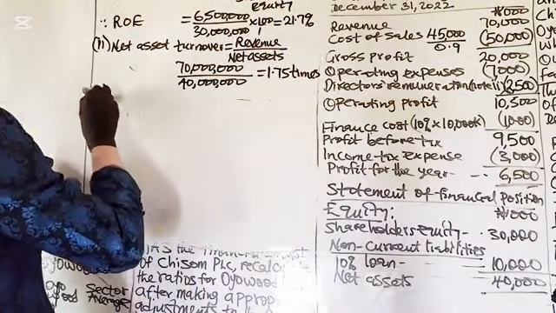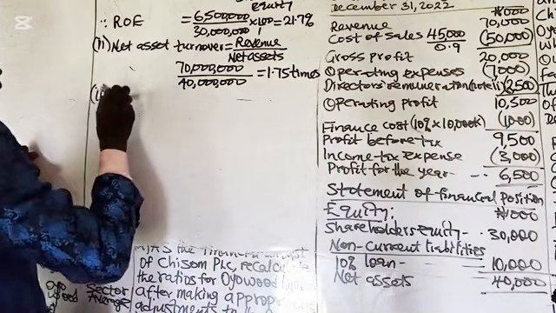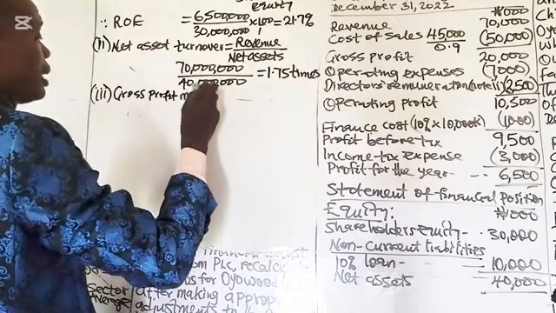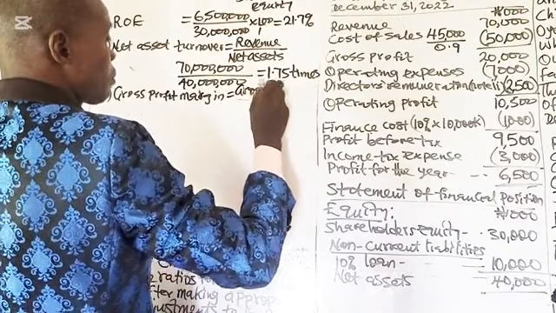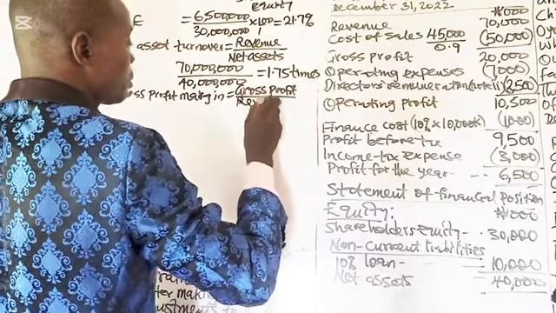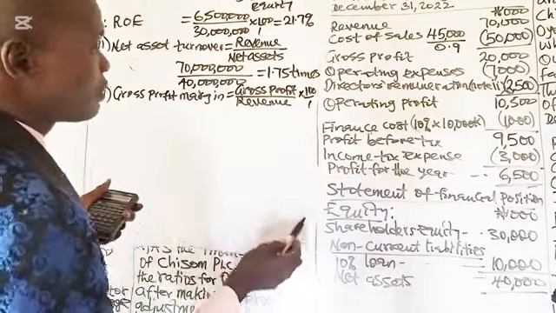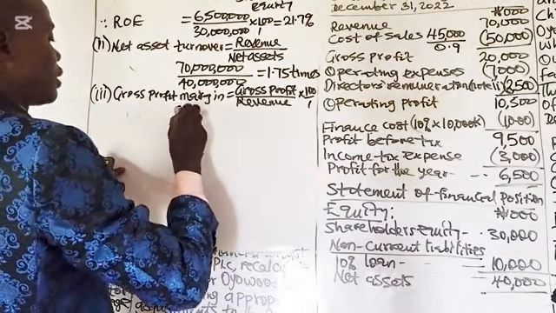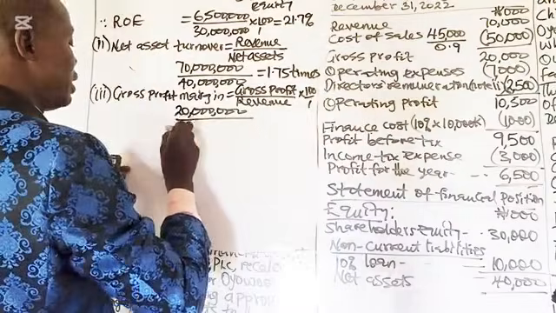The third ratio given in the question is gross profit margin. Remember, margin means sales or revenue. So it is gross profit over revenue times 100 over 1. Our gross profit from our calculation amounted to 20 million, and revenue is 70 million.